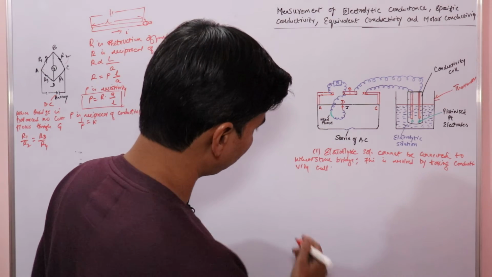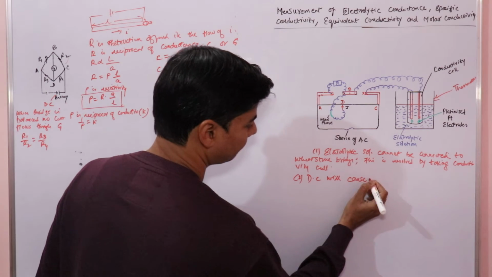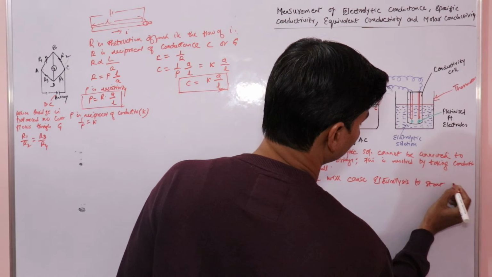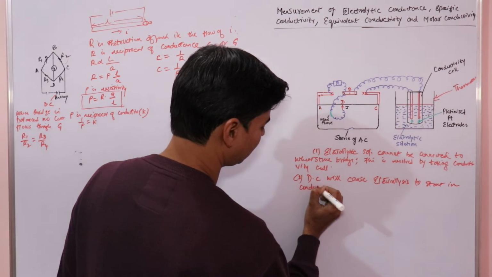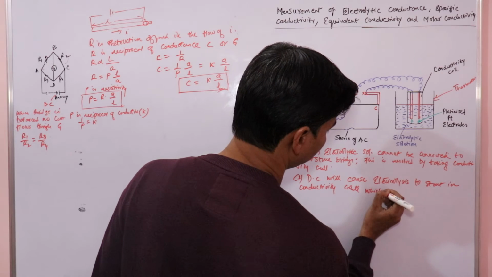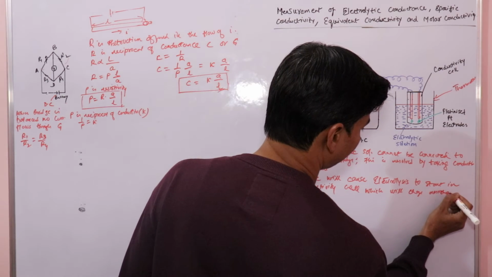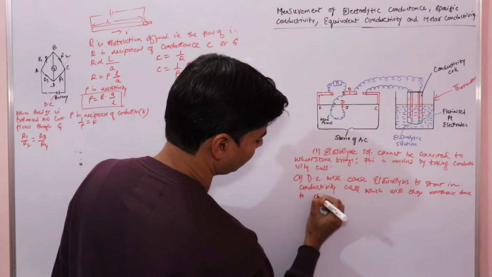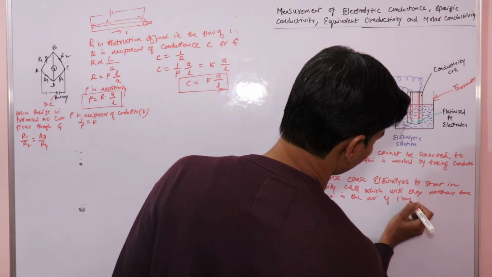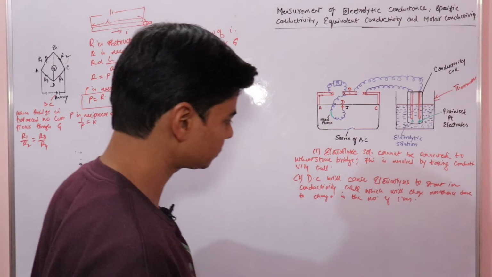So what we will do, I'll write it over here first. DC current, direct current, will cause electrolysis to start in the conductivity cell, which will change resistance due to change in the number of ions, or we say ions will start moving away from the electrodes and there would be a change in the concentration of ions near the electrodes, right?